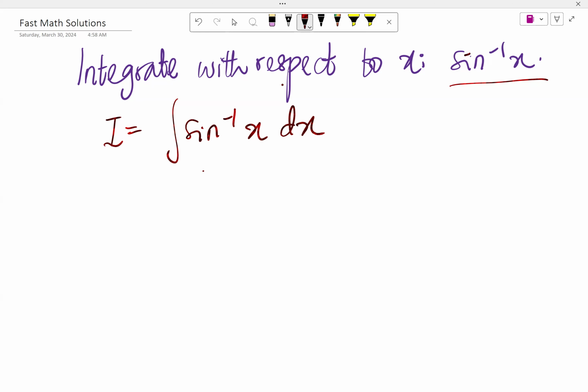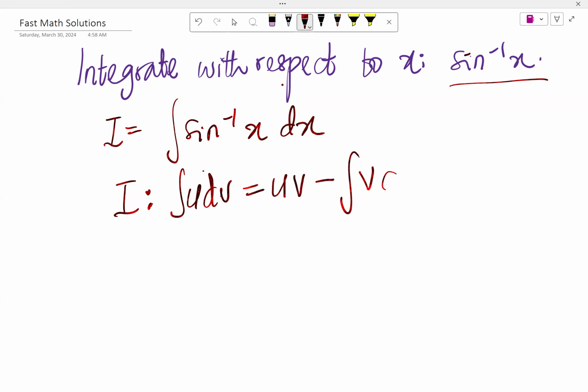Well, I think you may want to consider something like integration by parts, where the integral of u dv is equal to uv minus the integral of v du.